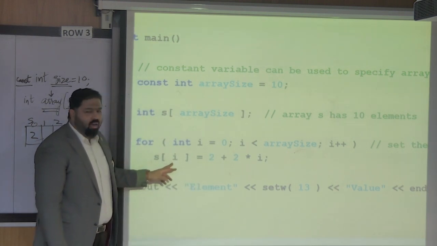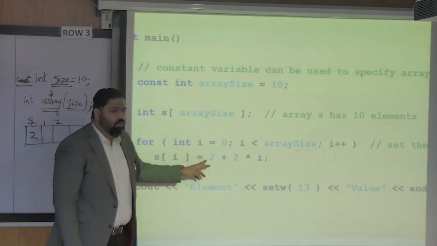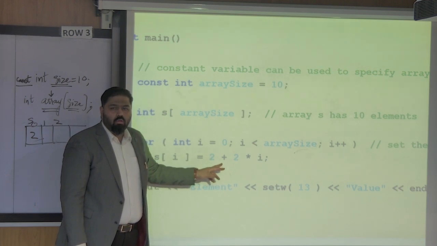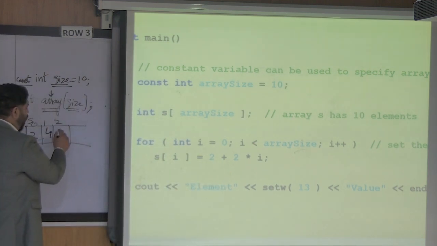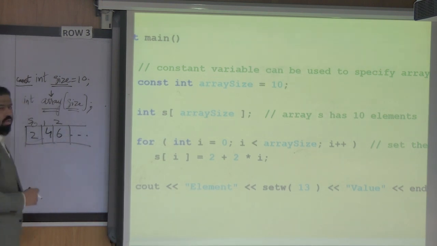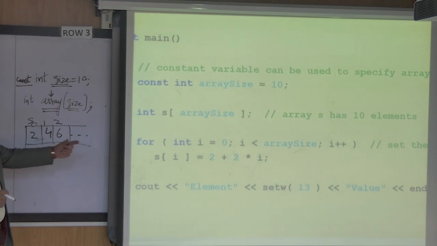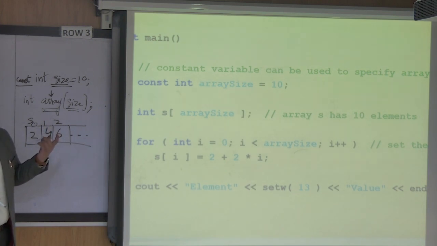I becomes 1, what will it be initialized with? I becomes 2. Even numbers. So by writing this line, you can initialize an array using even numbers. With any combination of I, different values will be there.